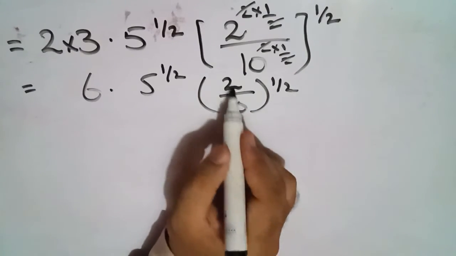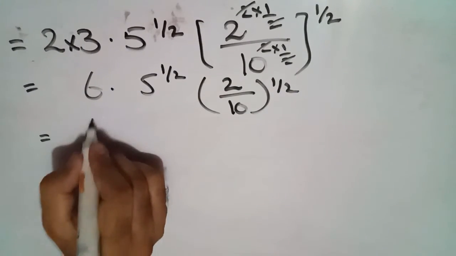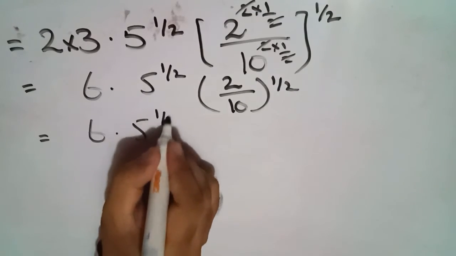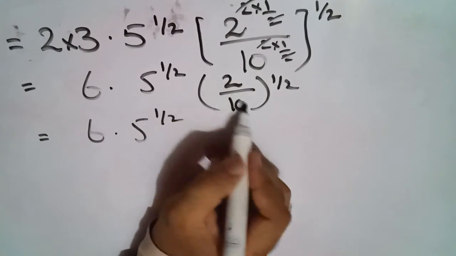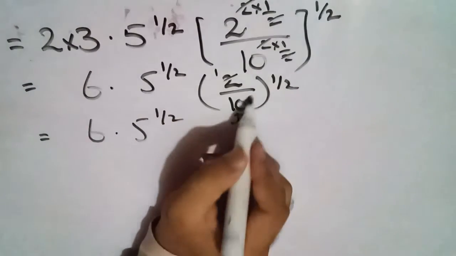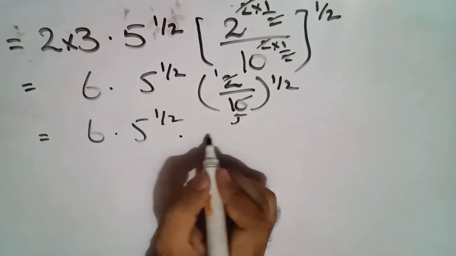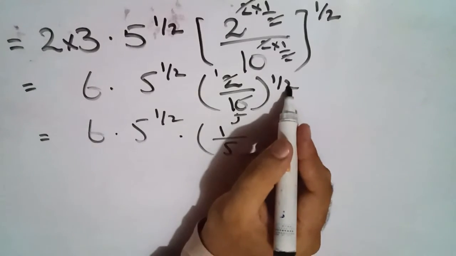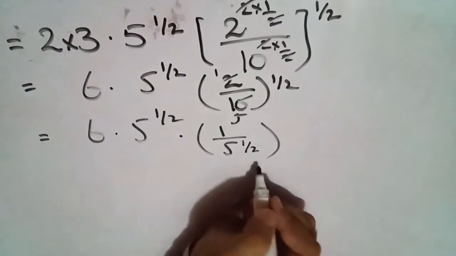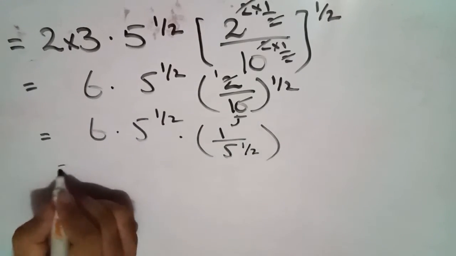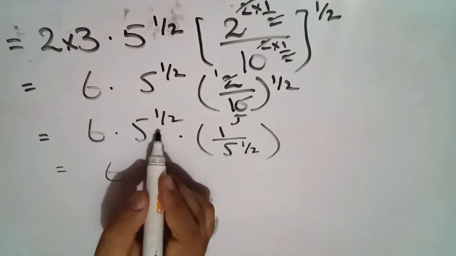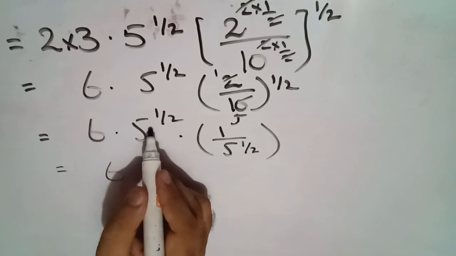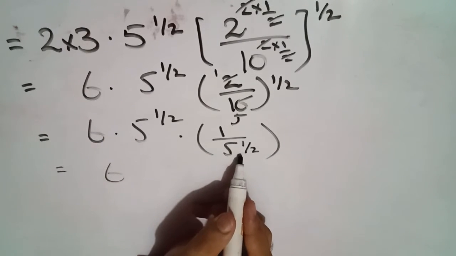So you can simply write it 2 over 10, 6, 5 raised to power 1 by 2, 2 over 10, you can cut it, 2 1s are 2, 2 5s are 10. So it will become 1 over 5 raised to power 1 by 2, is equal to 6. It is also 5 raised to power 1 by 2 and it is also 5 raised to power 1 by 2.